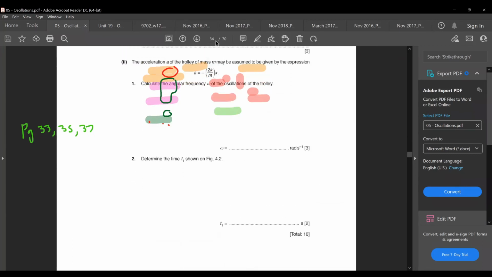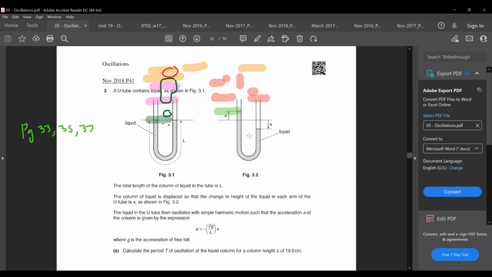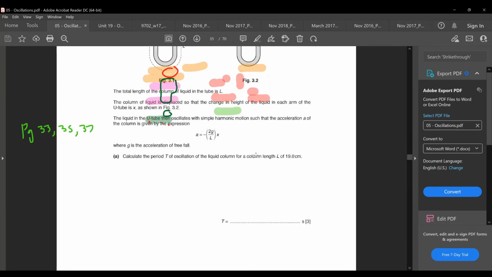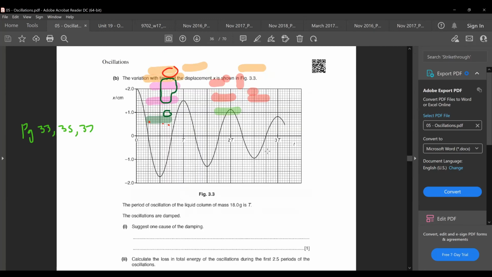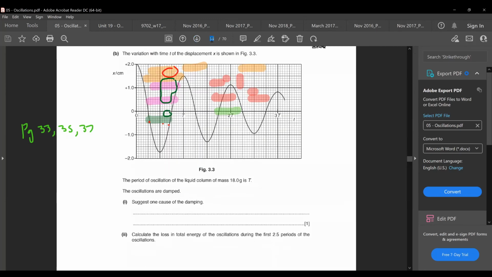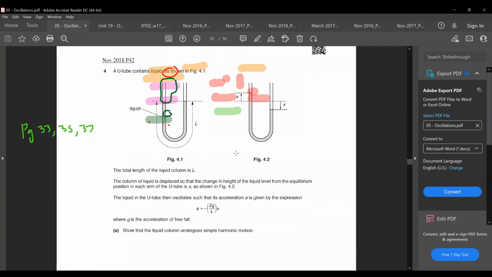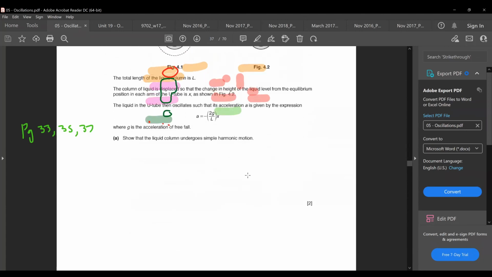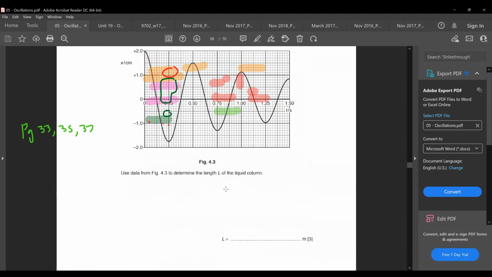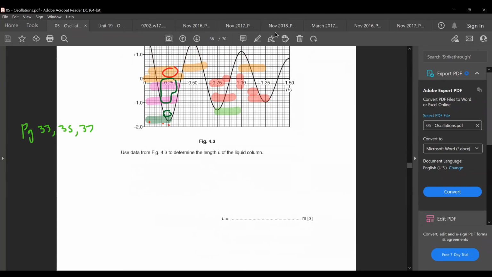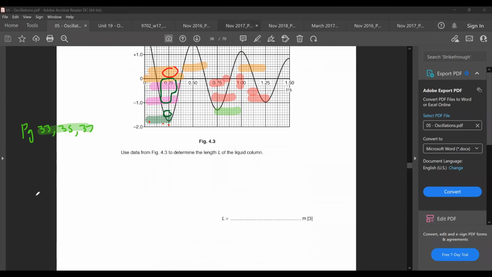Okay, 33, 35, and 37 are all actually kind of similar. Page 33, 35, and 37 are all very similar to the questions that I've just discussed with you. So probably this one you can actually do as your homework.